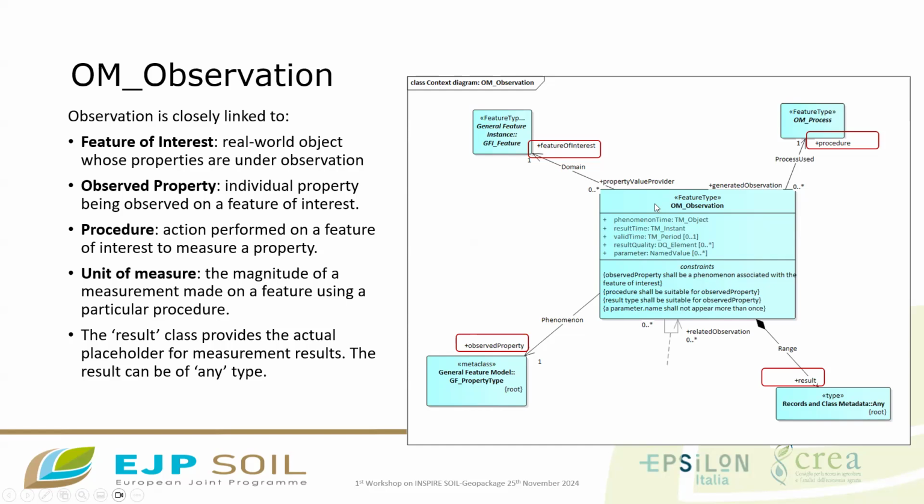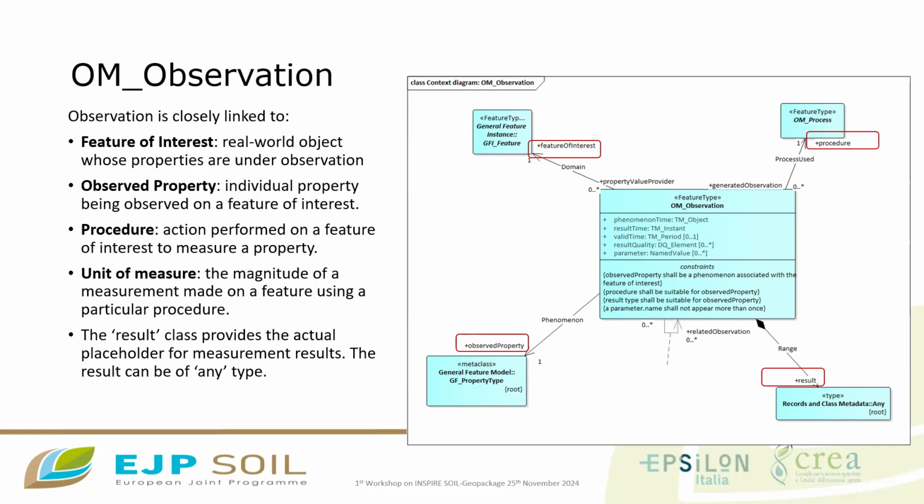The feature type observation is linked to the feature of interest, that is the real world object whose properties are under observation. In the case of INSPIRE, as I said before, the feature of interest can be a soil site, the horizon, the layers, so the spatial objects we have seen before.